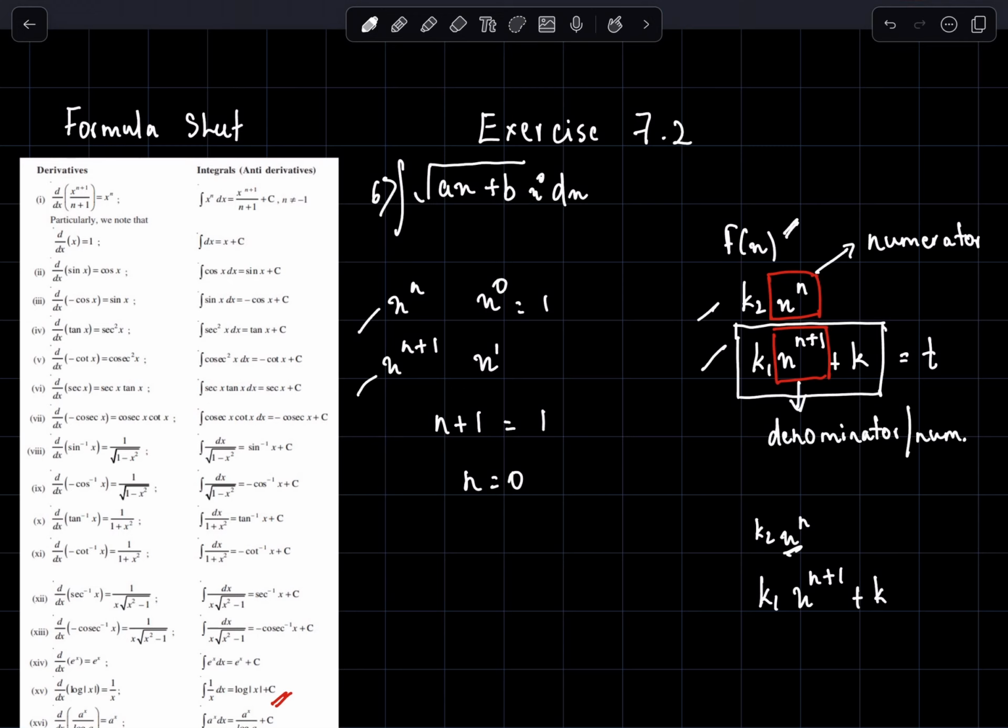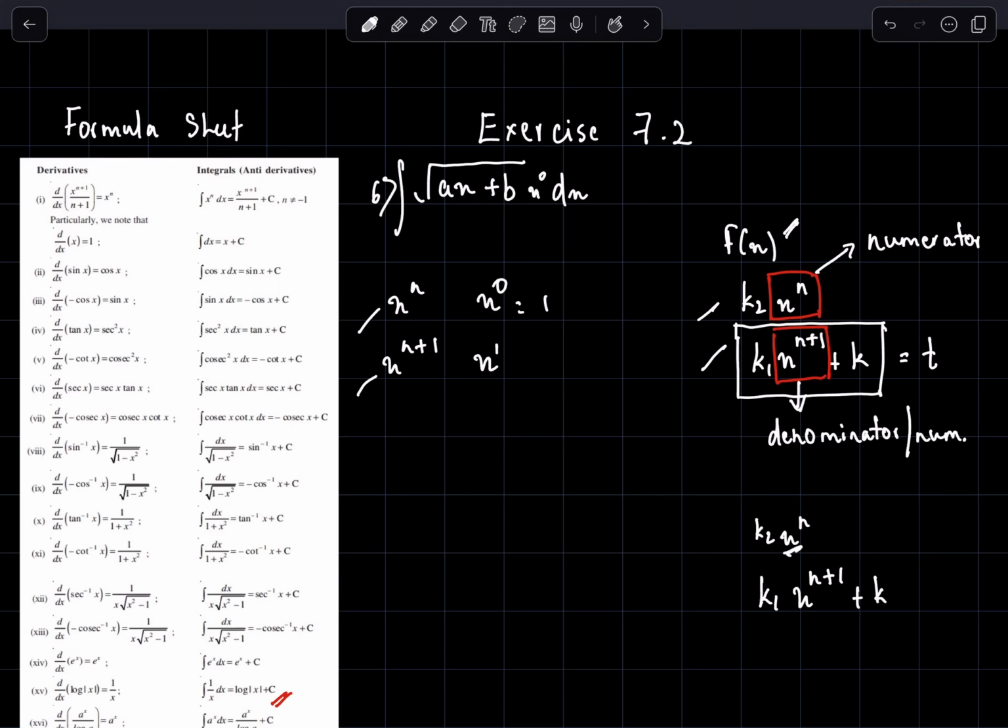I can just multiply. 1 is always there, regardless. It's always multiplied, right? So what should I take my x to the power n plus 1 as?